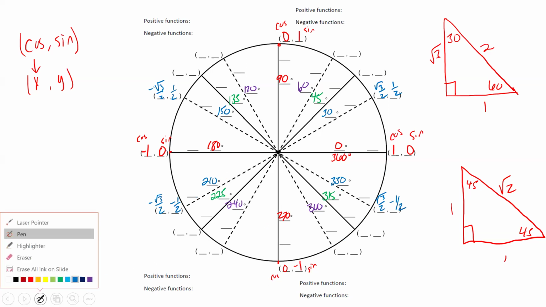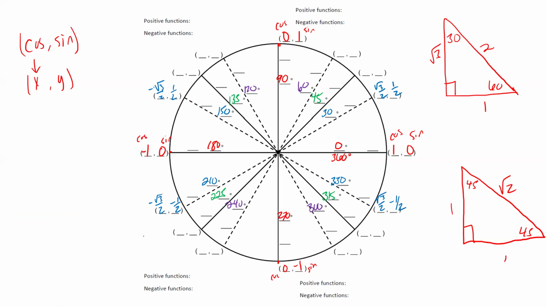Okay. Now we're going to do our 45s. So 45 means I'm using this triangle, right? What is the cosine of 45? 1 over the square root of 2, which makes it become what? Square root of 2 over 2. And luckily the sine and the cosine are going to be the same.